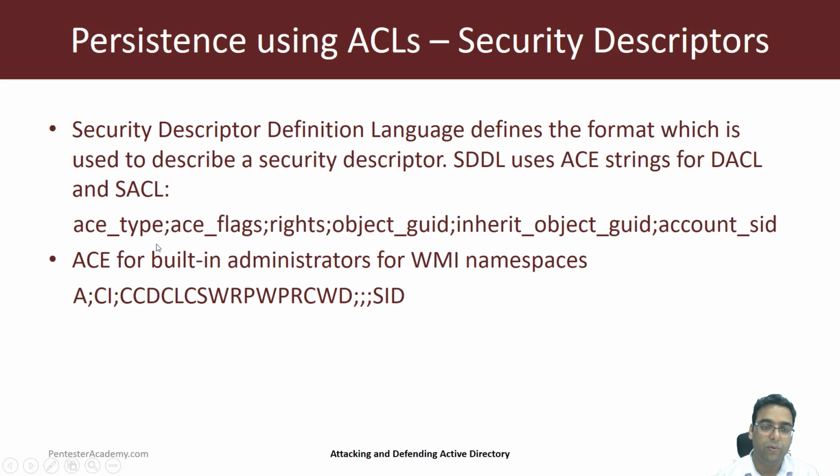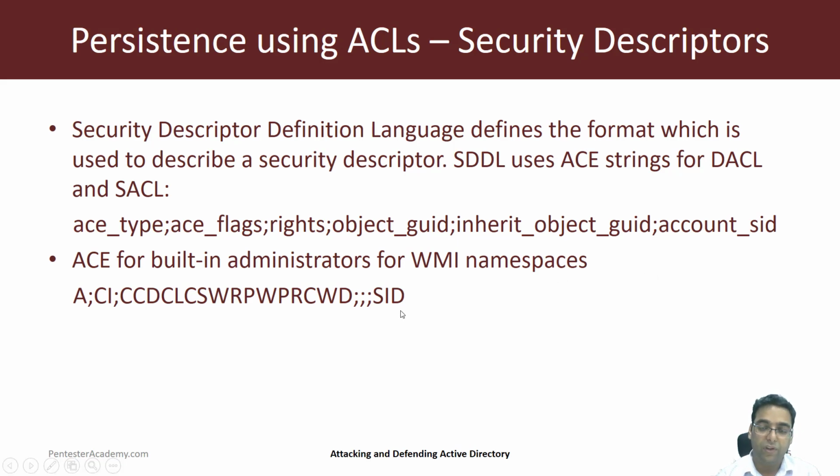The ACE type is allow, the ACE flag is container inherit. All of these are different rights. Clubbed together, they mean full control over the current namespace. We can always skip the object GUID and the inherit object GUID, and at the very end comes the SID. For the built-in administrators, this is BA.